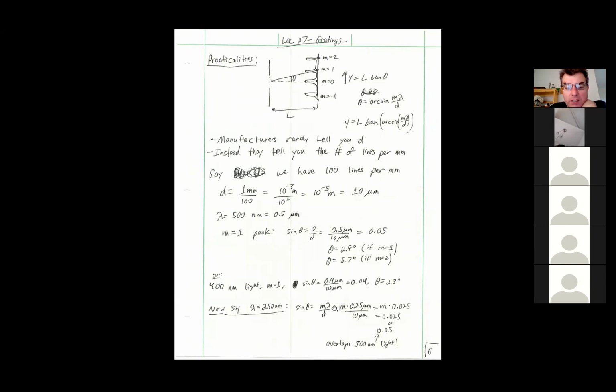So sine theta is m times 0.25 over 10. So it's m times 0.025. So we could have a case where sine theta is 0.05 if m equals 2. So it overlaps the 500 nanometer light, right?